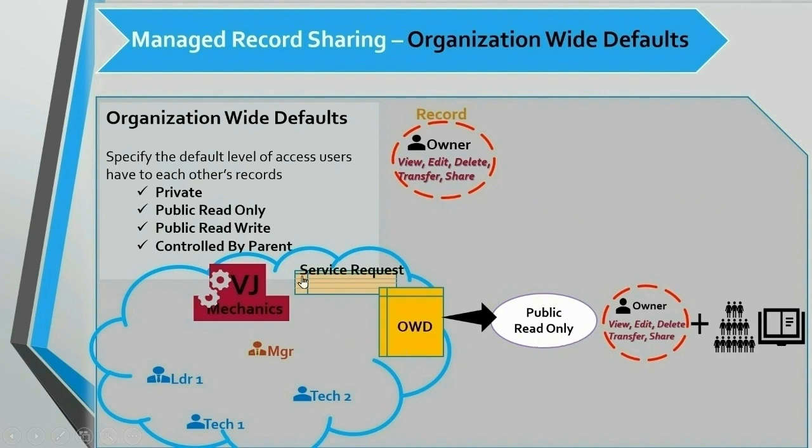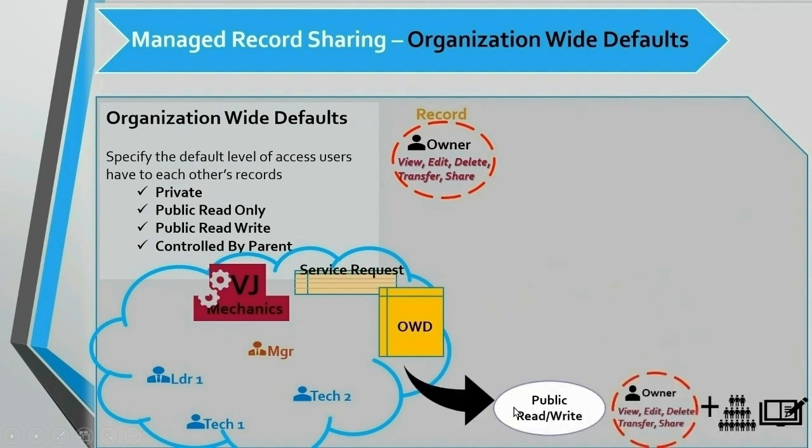For example, if we have 4 records, each record's owner would get the complete access and that record would be shared with the other public available in the organization. That means if Tech1 creates one record, he will get the complete access on that record and that record is shared to LDR1, Tech2, MGR. Only the read access would be shared to other users, that is LDR1, Tech2, MGR.